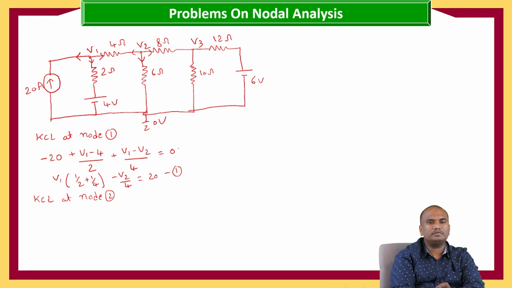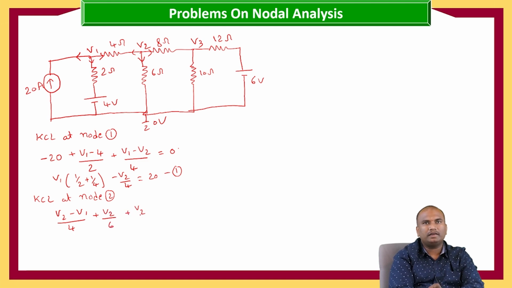Current flowing through 4 ohms is (V2 minus V1) by 4 plus V2 by 6 plus (V2 minus V3) by 8 equals 0.